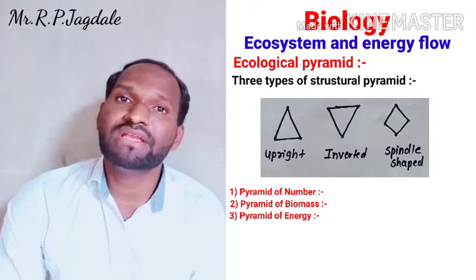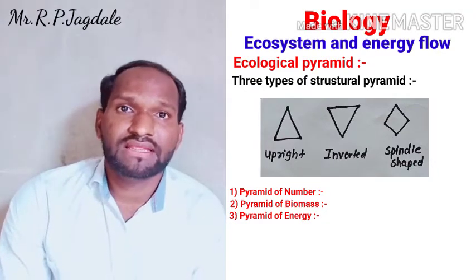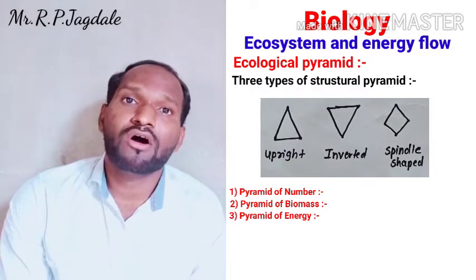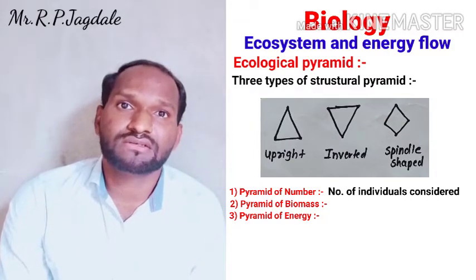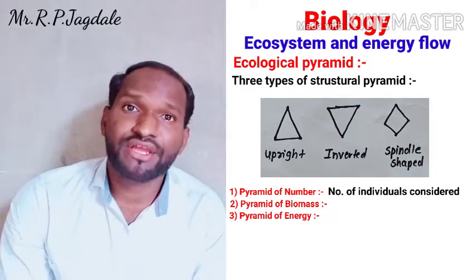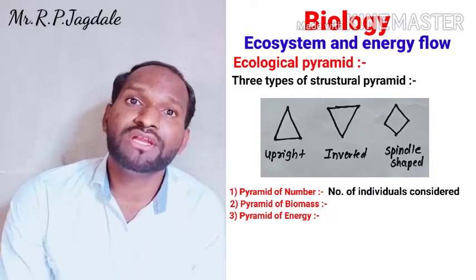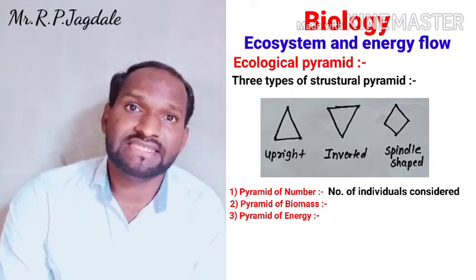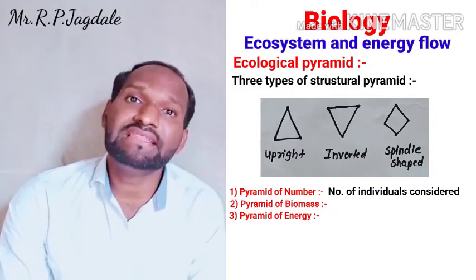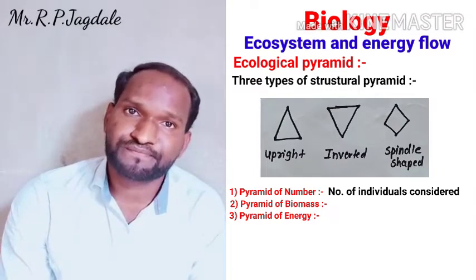Now, what is the meaning of the pyramid of number? In these pyramids the number of individuals is taken into consideration. While drawing the ecological pyramid in that ecosystem, the number of individuals is considered, and by considering the number they draw the ecological pyramid.